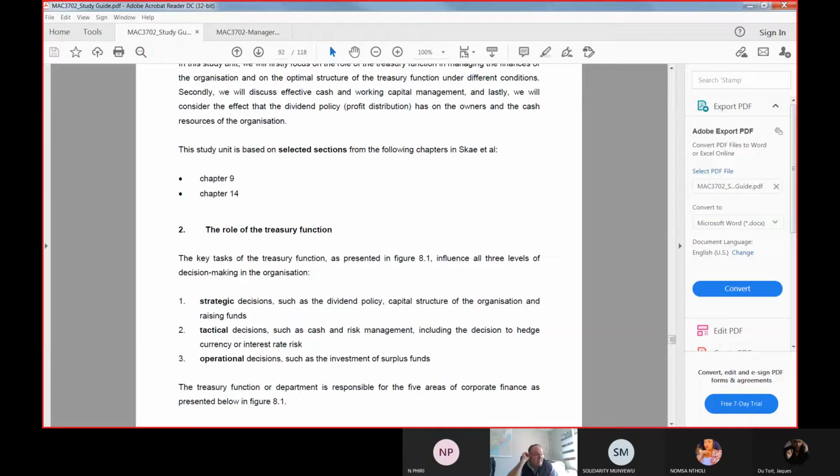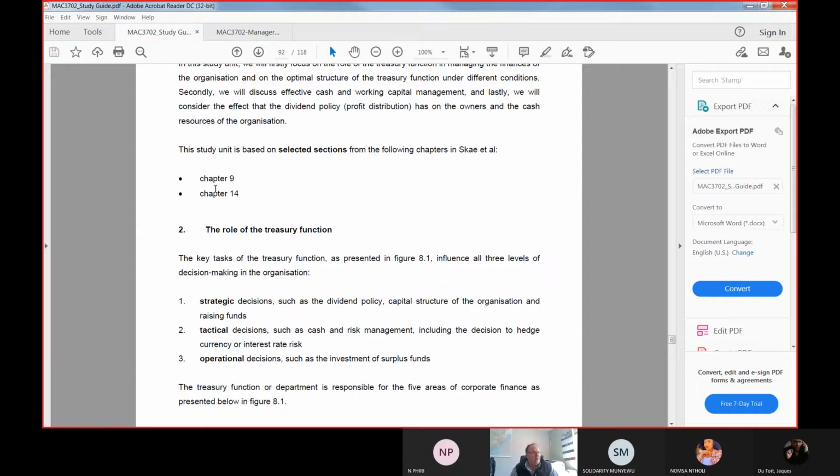Tactical decisions are such as risk management and hedging decisions, using the monies to invest into the business where you can make more cash from that money. And one of the things they do ask is the hedging of currency interest rate, which is the next chapter, by the way. Operational decisions, such as investments and surplus, are what we're going to be utilizing, what we're going to do with them, the working capital of the business.